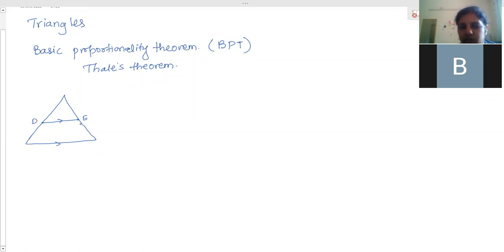Sorry, divide the sides in equal proportion.